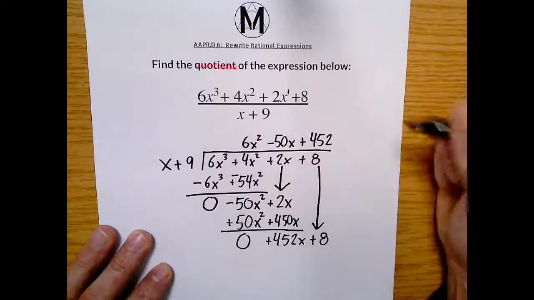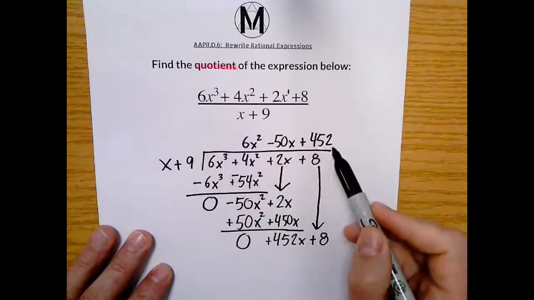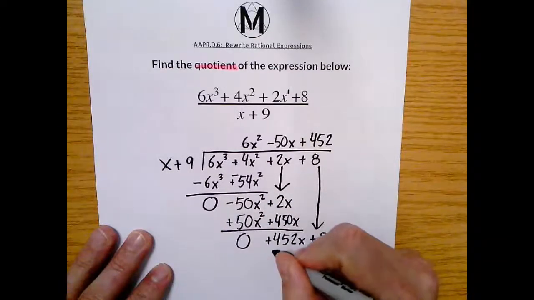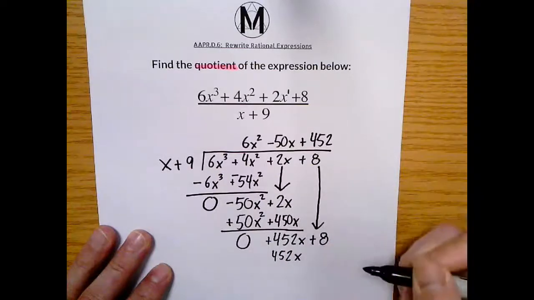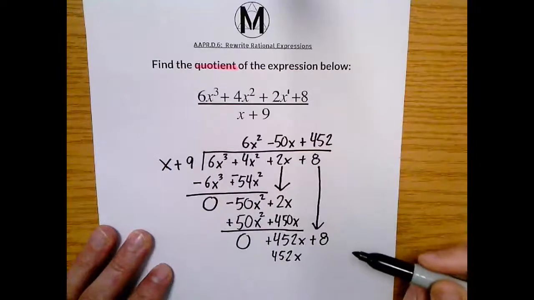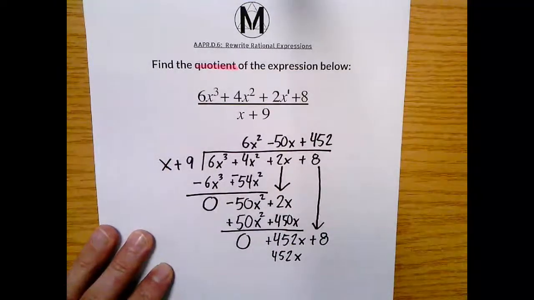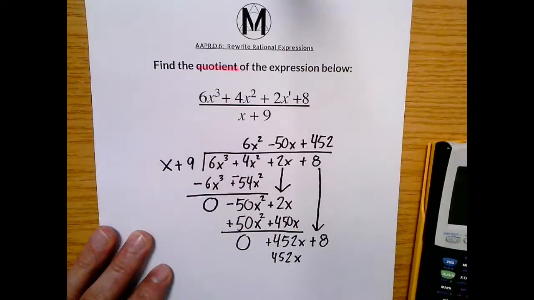That was step 1 of the pattern. Step 2, now we just multiply back down. 452 times x, well, that is 452x. Okie dokie. And 452 times 9, I actually don't know that off the top of my head, but I do have my calculator right here, so why not just punch it in and make sure we're making a good calculation.